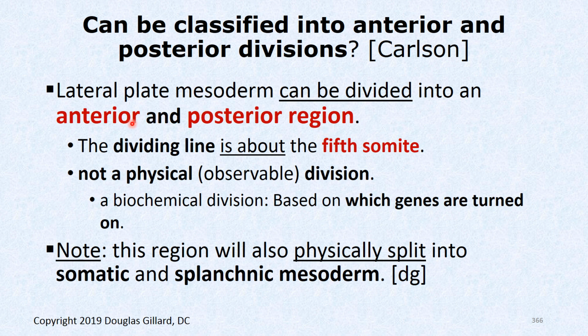But there is an anterior and posterior lateral plate mesoderm, which can only be found by taking samples of the tissue and seeing what's being secreted. The dividing line between the anterior and posterior divisions is about the 5th somite, so we'll get to those somites again in a little bit. Again, it's not a physical, it's a biochemical division, based on what genes are turned on.